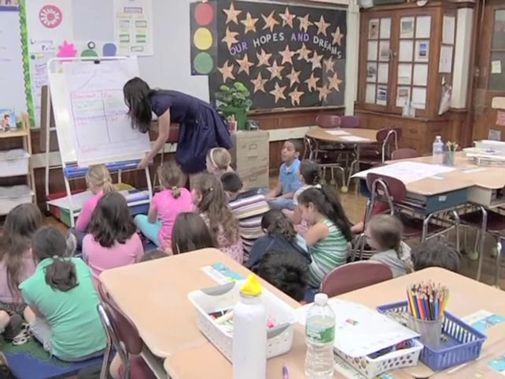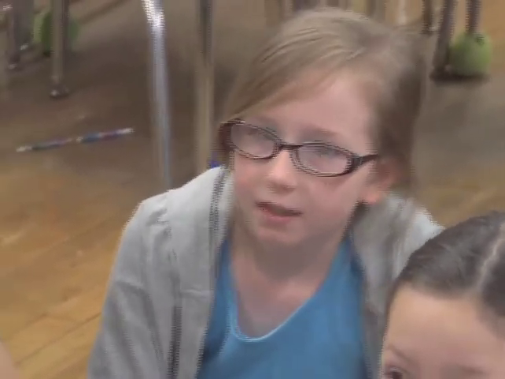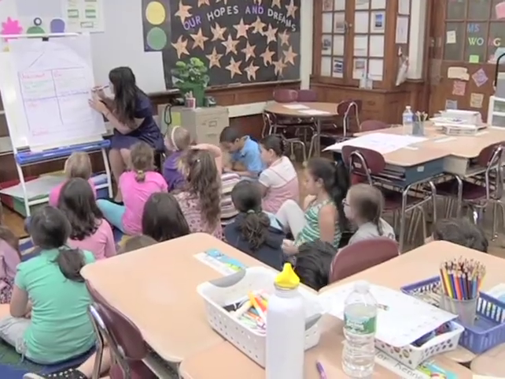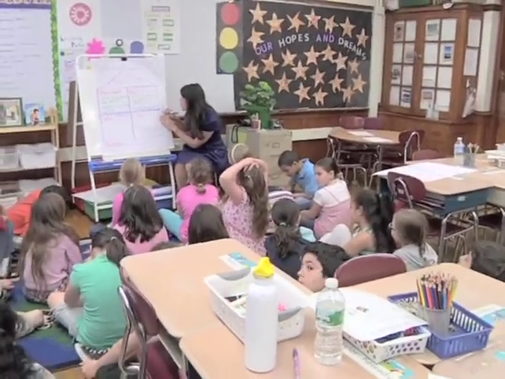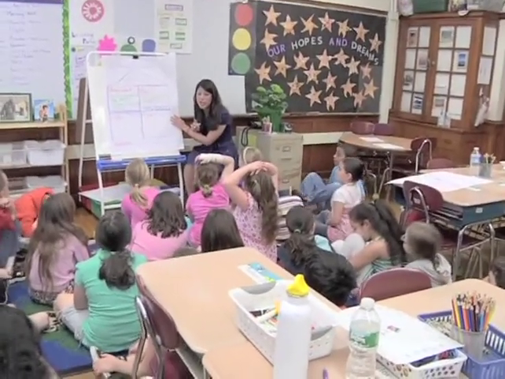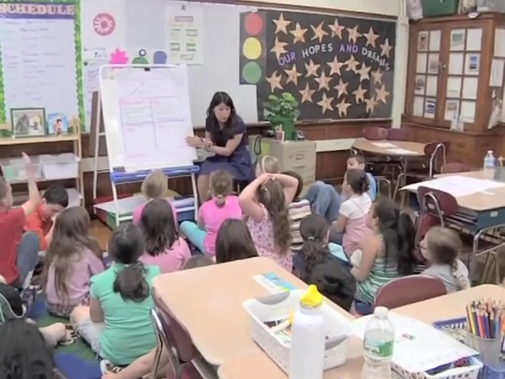I figured out the number since there's 3 buckets and 5 in each. I know it's multiplication, and I know it's not division because the smaller number went first. Good. Julia's also taking us back to those key words, telling how you knew what the numbers are telling you. You might also say, I know it's multiplication because you're putting together equal groups.